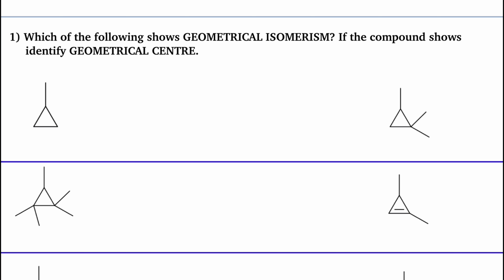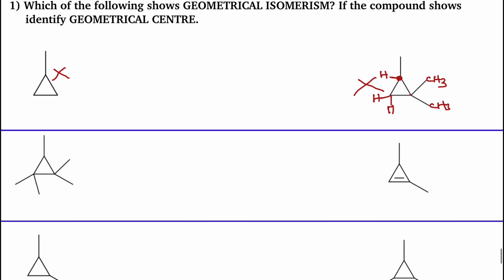The condition is satisfied only at one place, therefore geometrical isomerism is not possible. You can see this is a methyl group, this is a methyl group, and here both are hydrogens. The condition is satisfied only at one center, minimum two centers are needed, therefore this will not show geometrical isomerism.